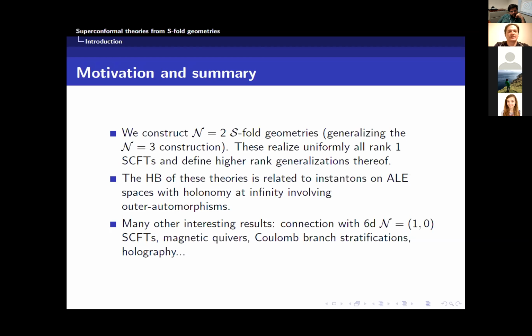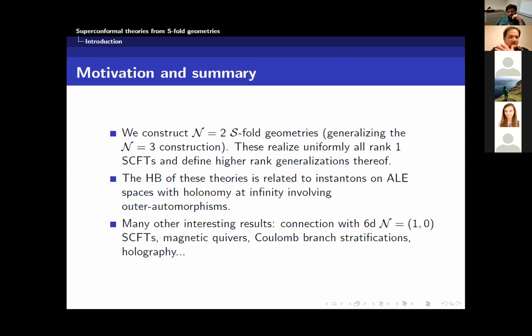A crucial step in the construction is the choice of holonomy at infinity for the gauge field. This can be refined by including outer automorphisms, and here we provide some explicit examples of this. These results can be used as a starting point to study these moduli spaces further.